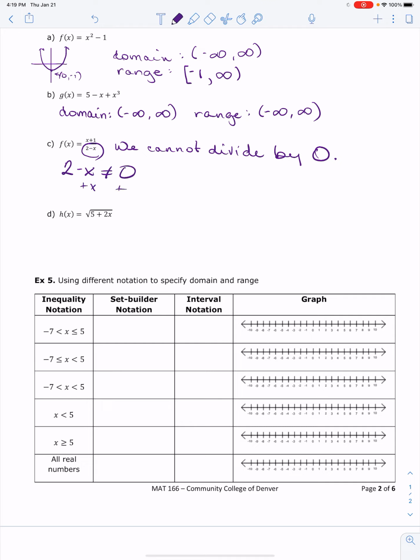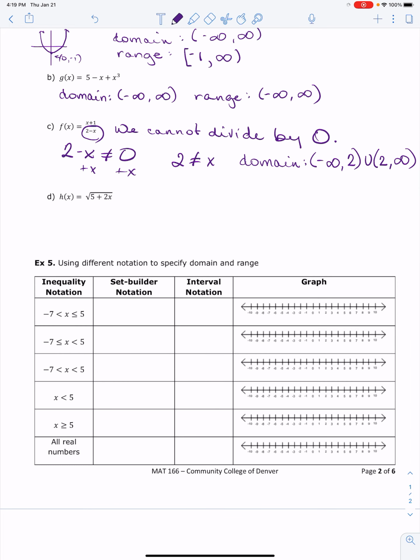I can add x to both sides. 2 cannot be x. So our domain here goes from -infinity to 2, and then 2 to infinity. Basically all real numbers with the 2 removed.